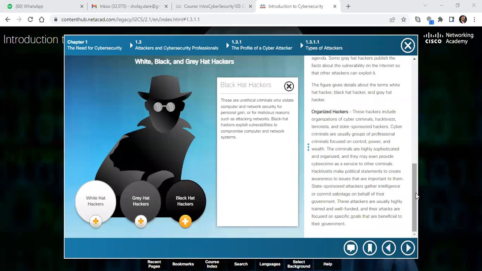Okay, so there's one we call the organized hackers. These hackers include organizations of cyber criminals. They call them cyber criminals, they call them activists, they call them terrorists, and state-sponsored hackers. Now, this particular set of people, their cyber criminals, are usually groups of professionals.